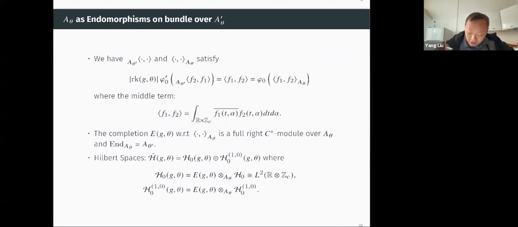In the geometric model, you think of a Hermitian vector bundle on a manifold. You take two sections. If we take the fiberwise inner product, you get a function on the manifold.